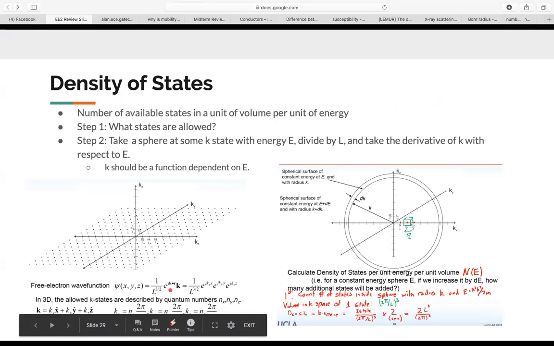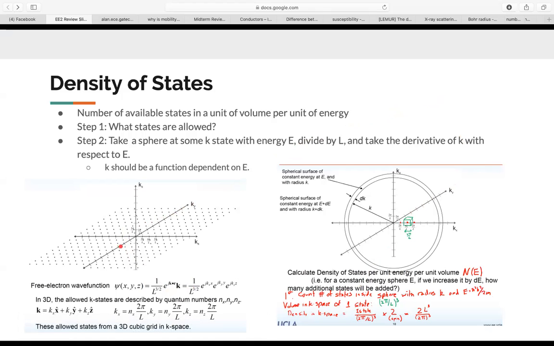So for 3D, if we were to use it as an example, each k is equal to n times 2 pi over L. There are two ways to do it.